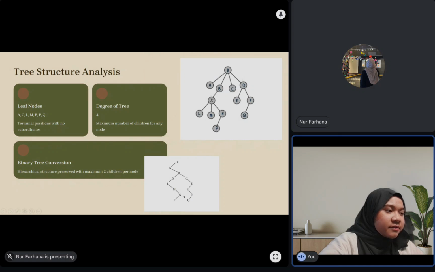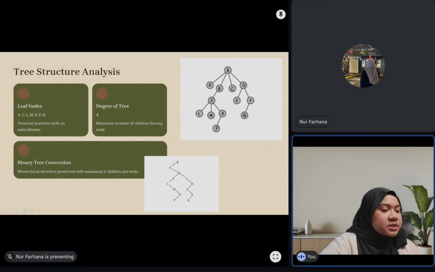N has a child, so it goes to the left side, which is P. C doesn't have children, and D is the sibling of C, and D has children, which are E and F. E and F are siblings of each other, and F has a child and goes to the left, which is Q.